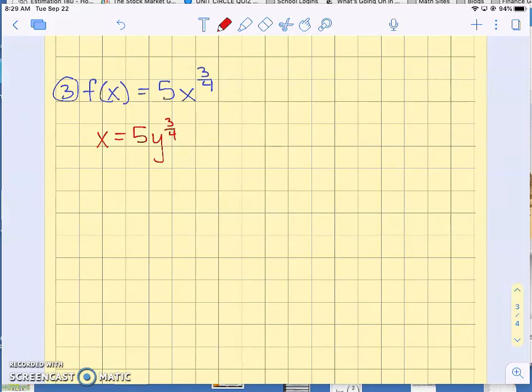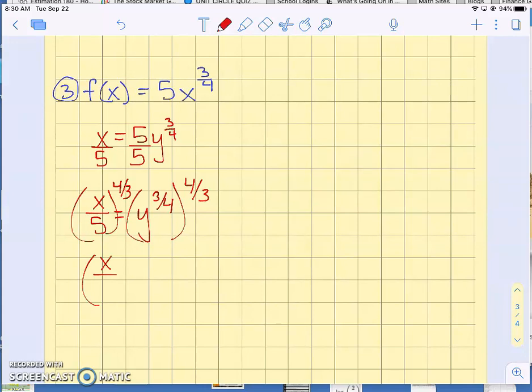So to get the y by itself, we divide by 5 first. So we have y to the 3/4. And then to get rid of our exponent, we raise it to the reciprocal power. And so we have x over 5 to the 4/3 equals y.